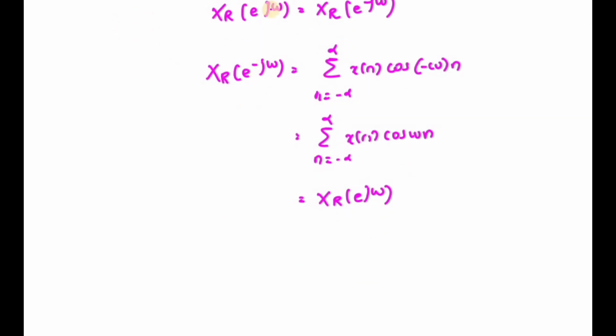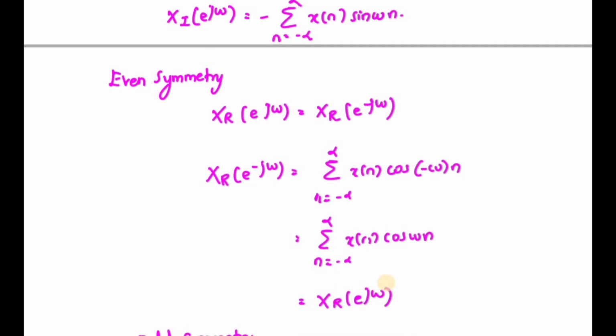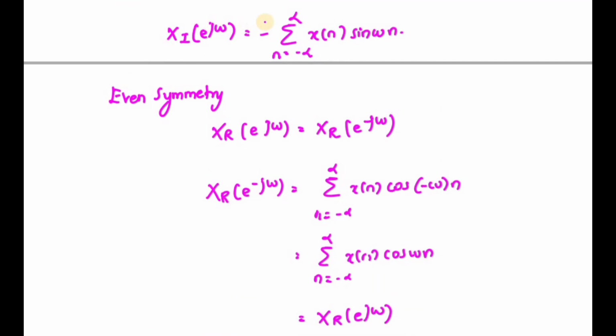Similarly, for odd symmetry, XI of e power minus j omega is equal to minus of XI of e power j omega. So what is XI of e power j omega?